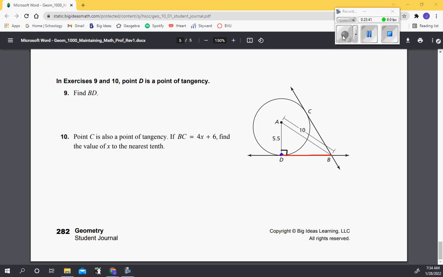Okay, so look what we just created. We have what we call a right triangle, something we worked with throughout all of chapter 9. A right triangle. And we are given 2 side lengths. We know how to solve for BD. We know how to solve for this length if this is a right triangle. It's the Pythagorean theorem.